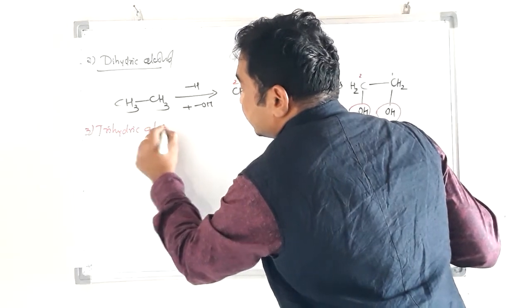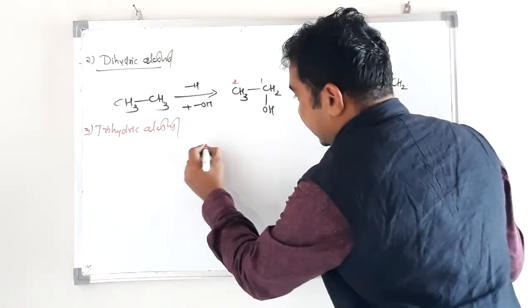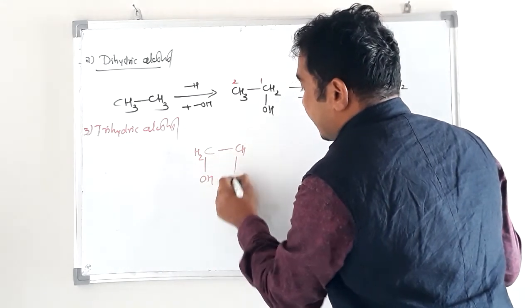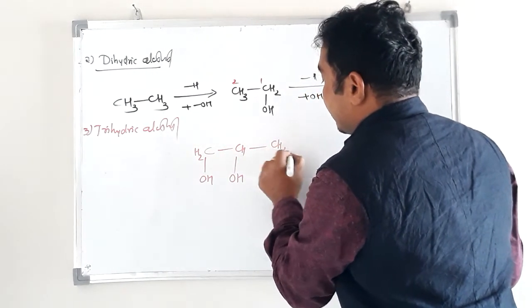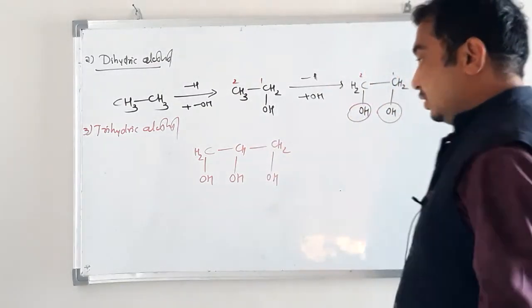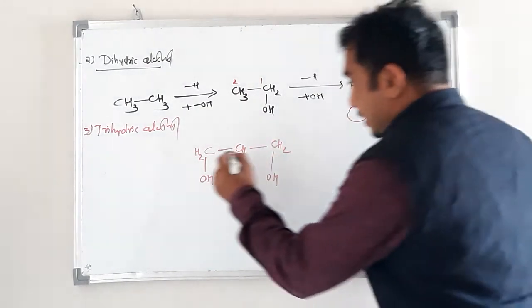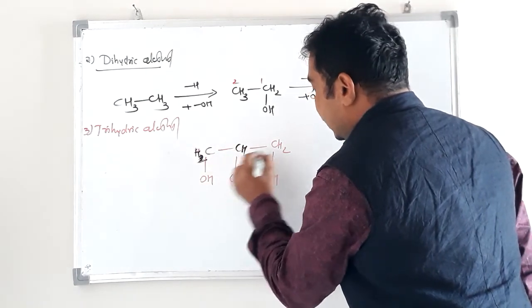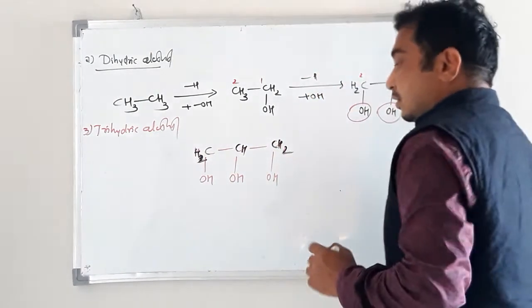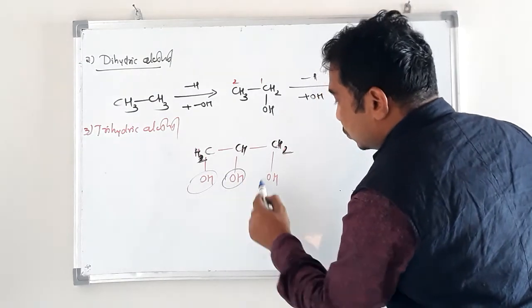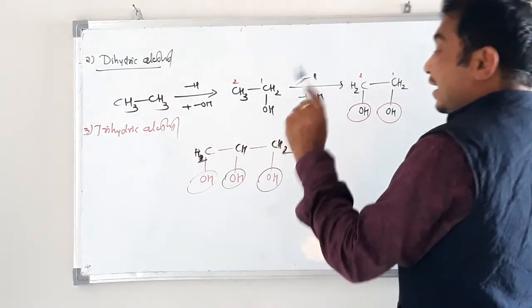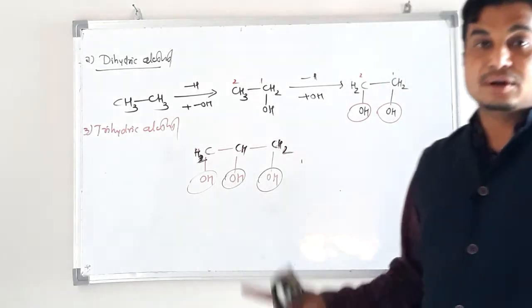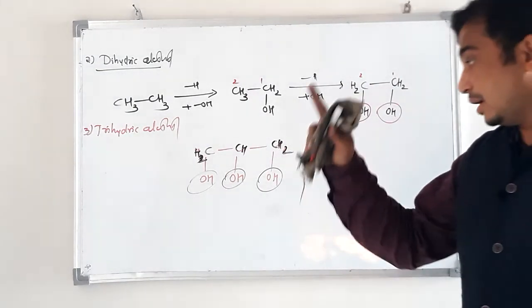For example, trihydric alcohol. See this compound, how many carbon atoms are present? 3, and these 3 carbon atoms contain 3 OH groups, 1, 2, 3. That is called trihydric alcohol, obtained by replacing 3 hydrogen atoms from different carbon atoms by 3 OH groups.